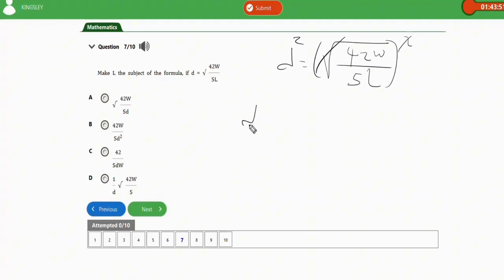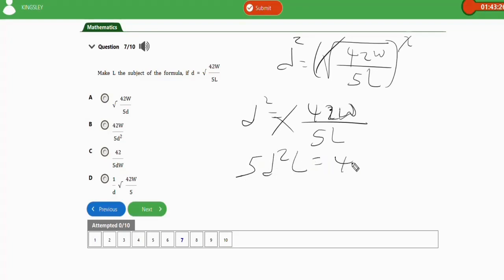We are now left with d square equals 42w over 5l. So you cross multiply. I want to make L the subject of the formula. So I'm going to have 5d square L equals 42w. Now, to make L the subject of the formula, you divide both sides by 5d square.